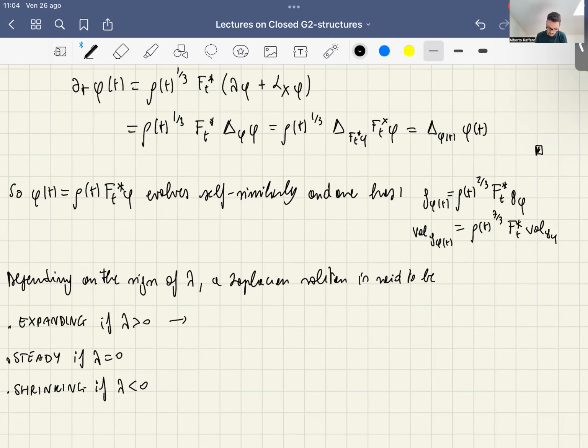So in particular, in the first case, Phi exists for t belonging to (-3/2 lambda, +infinity), and so it is an immortal solution.